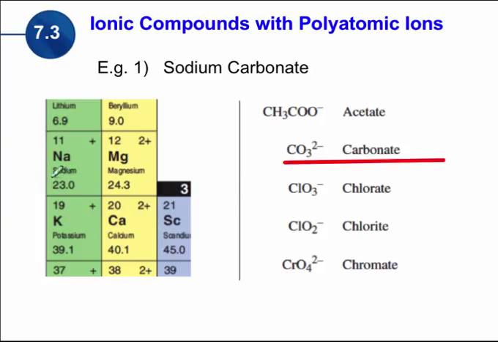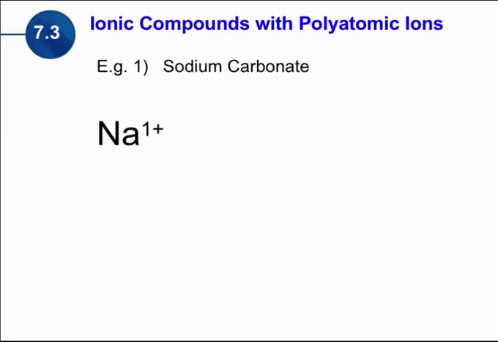So we're going to combine sodium and carbonate. Sodium has the symbol Na with a charge of 1 plus, and carbonate has the symbol CO3, and it has a charge of 2 minus.